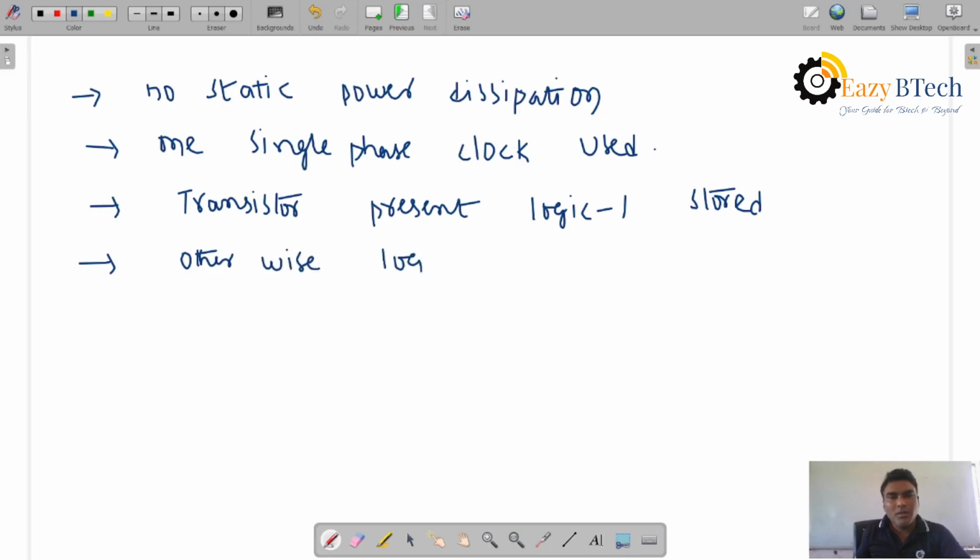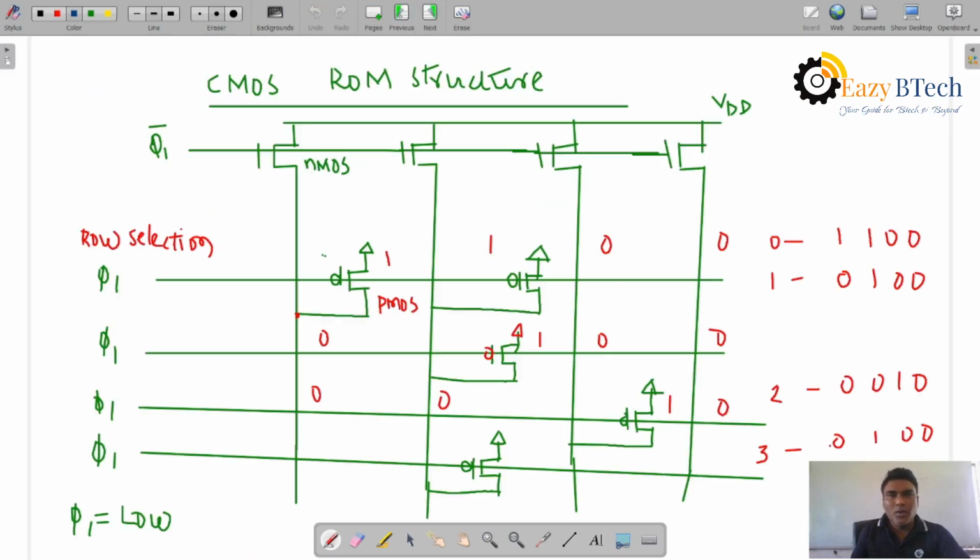Otherwise, logic 0 is stored. So this is about the ROM structure. In the CMOS ROM structure, with NMOS and PMOS, when the PMOS is row-selected and the transistor is present, 1 bit data is stored. Otherwise, it should be 0.